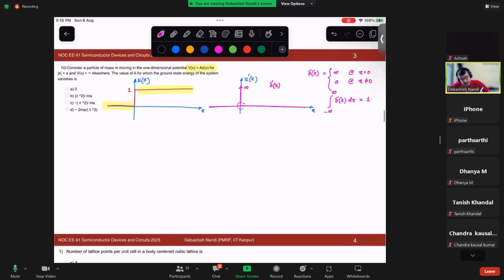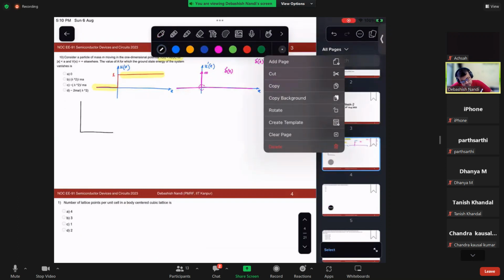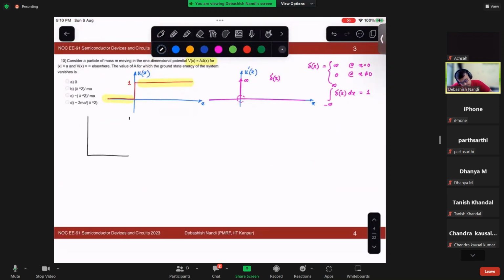So let's proceed with the problem. In the problem statement, it is mentioned that you have a potential profile like this. Let me add one page. So you have a potential profile like this. This is your A delta x.